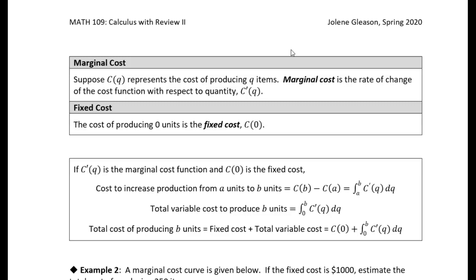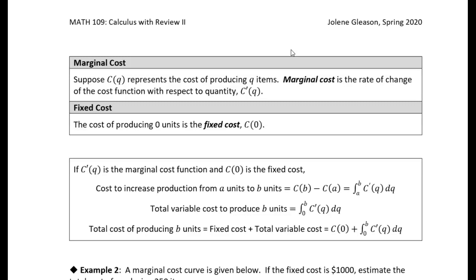It varies depending on how many items you produce, right? So these next examples involve the concept of marginal cost. And marginal cost is essentially the rate of change of the cost function with respect to quantity. How much does it cost to produce one more at any given point in the production quantity?